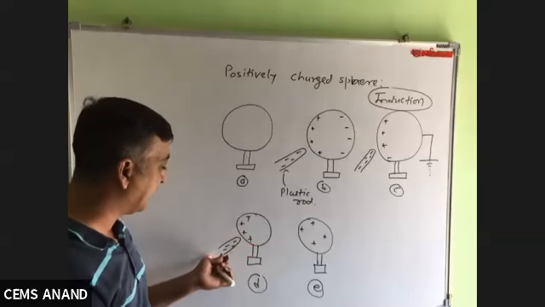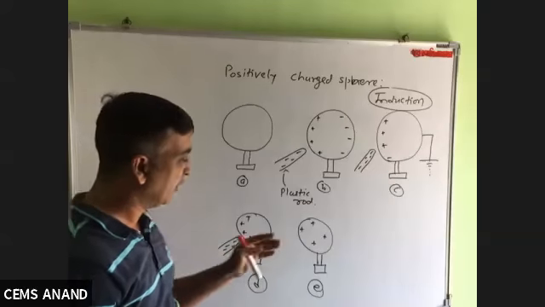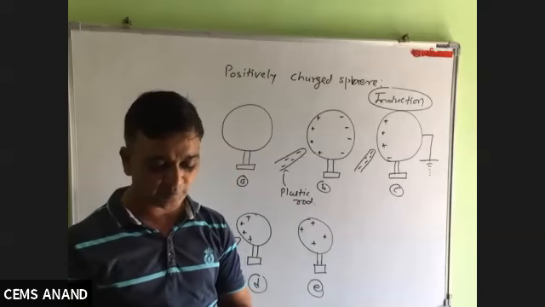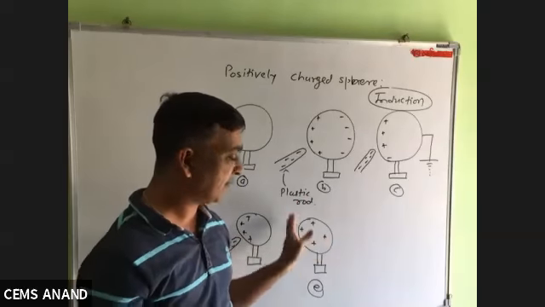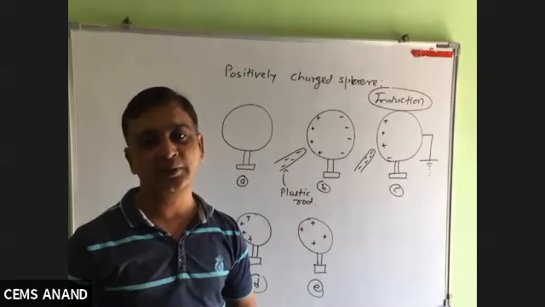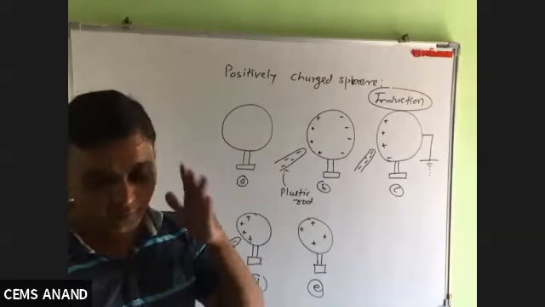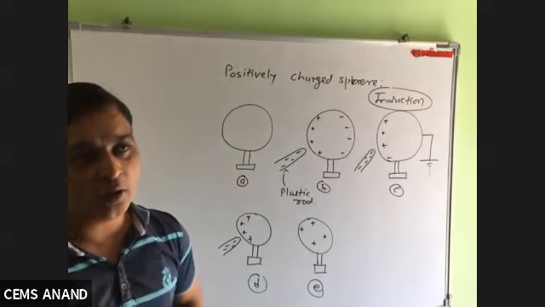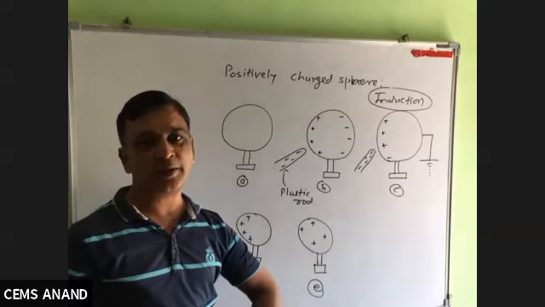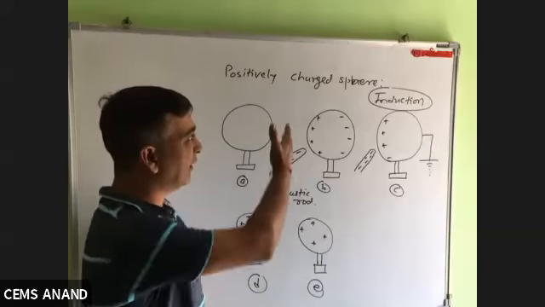And after removing that plastic rod, the positive charge gets spread on the sphere, and we got this positively charged sphere. But I am not going to give you time for this explanation or the answer.